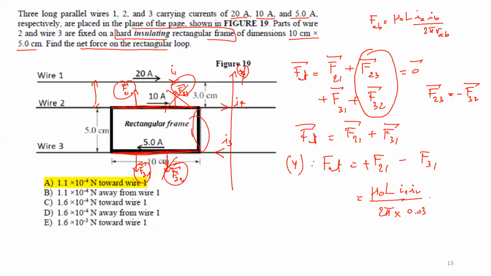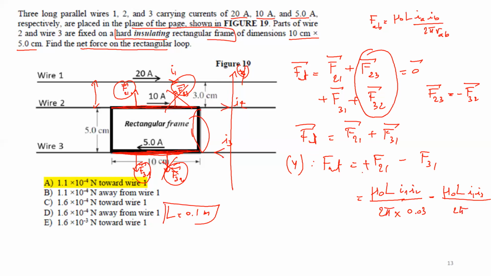Okay. And then here I will have minus mu naught L. By the way, what I call L here is 10 centimeters. Okay, so L is equal to 0.1 meters. L is the length here, 10 centimeters. Now it's I1, I3 divided by 2 pi.